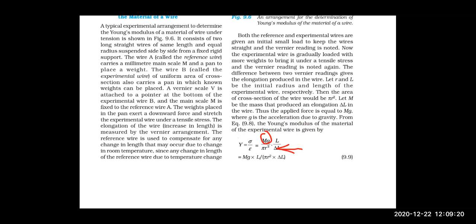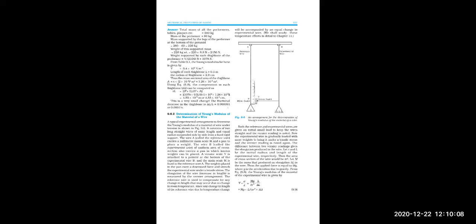So for this we did the experiment, we got the value, and then we will calculate the value of Young's modulus by putting these parameters in the formula Y equals mg into L upon pi r square into del L. So children, with this, the chapter 9, mechanical properties of solids, is completed. Thank you.